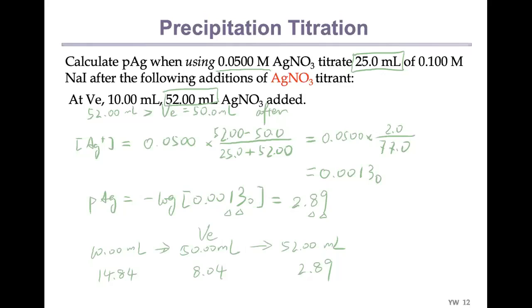When you have a larger pAg number, it's a lower concentration. And after the equivalence point, you can see that the pAg value drops a little bit. So the concentration of silver actually increased pretty fast because there's no iodide in the solution and you just keep adding silver to the solution. So the concentration will accumulate very fast, okay?